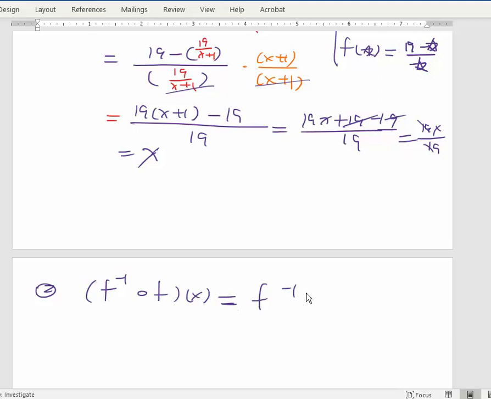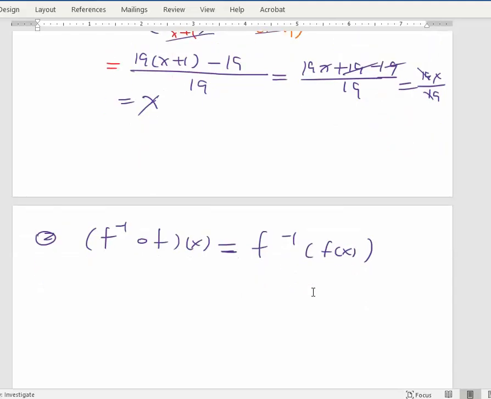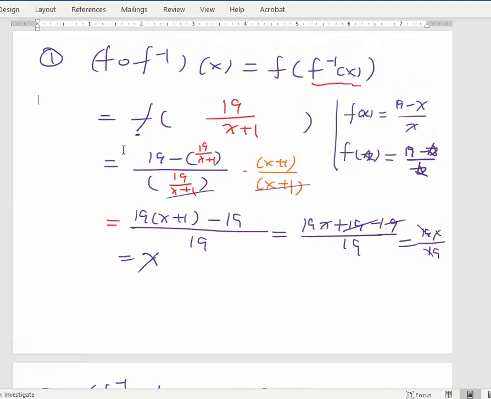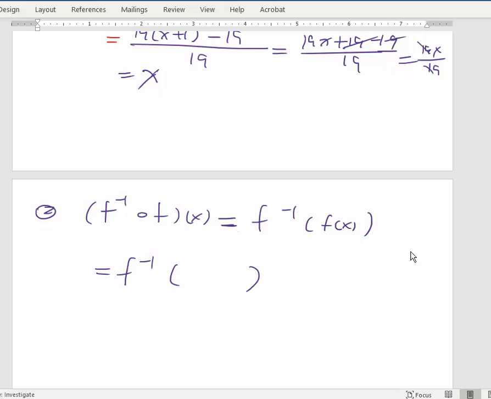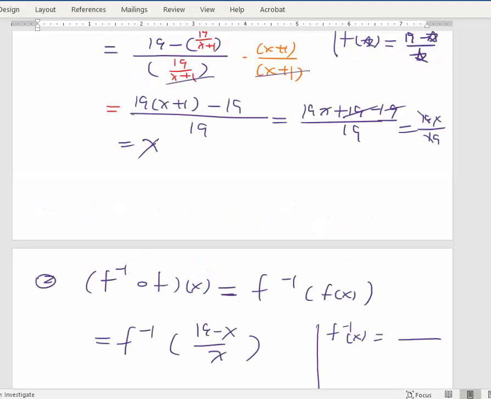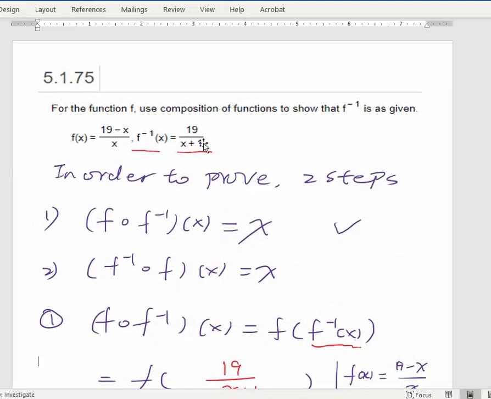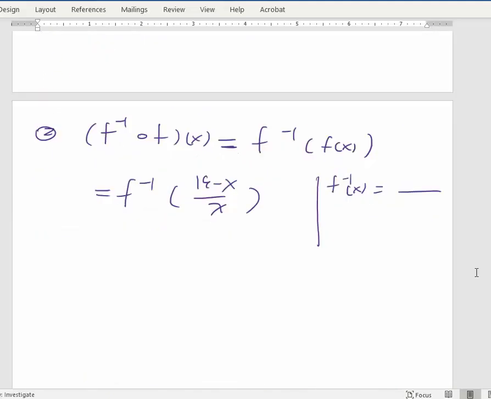This time, f inverse is the outer, f of x is the inner function. And f of x is 19 minus x over x. And if we look at the f inverse function earlier, the f inverse function here is 19 over x plus 1.